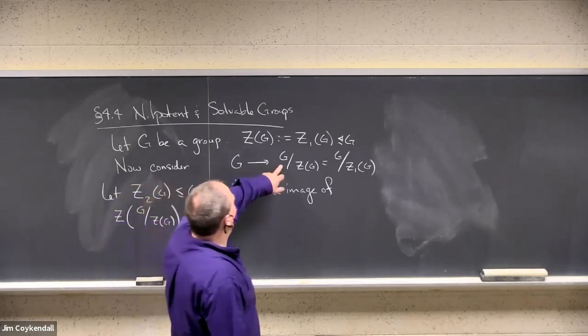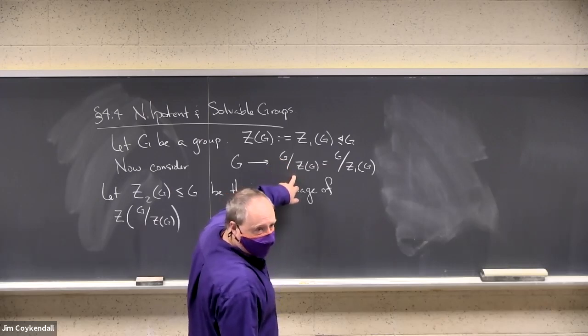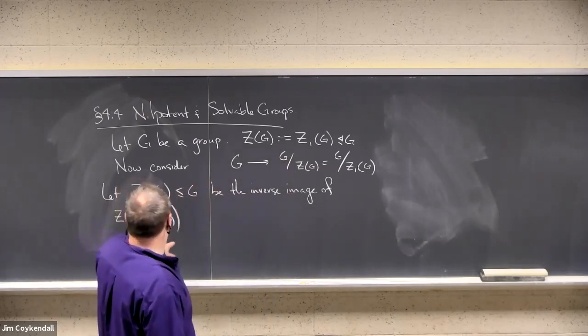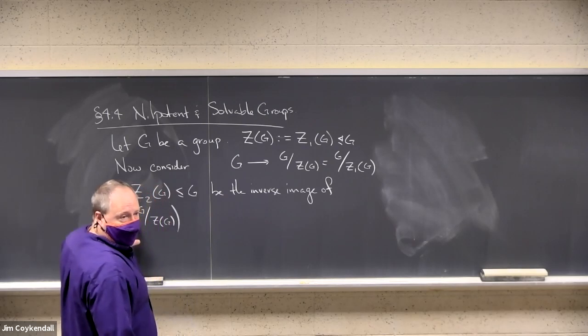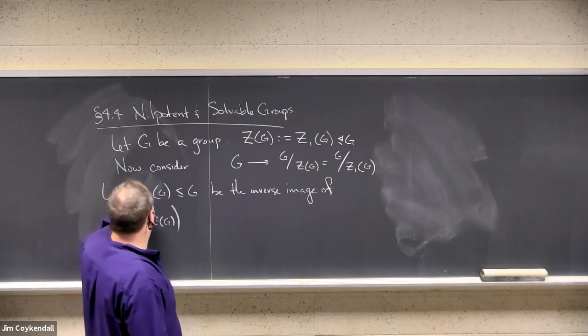So what we're doing is looking at G mod Z(G), which is a new group. This group has a center, maybe it's only the identity, and Z2(G).